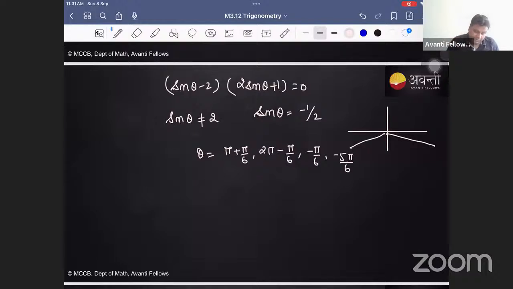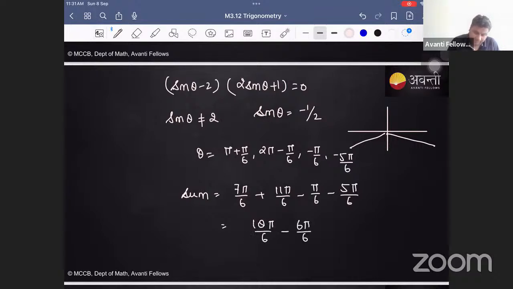Got it? So, sum of all these values, there are 7 pi by 6 plus 11 pi by 6 minus pi by 6 minus 5 pi by 6. So it is 18 pi by 6 minus 6 pi by 6. That is 2 pi.